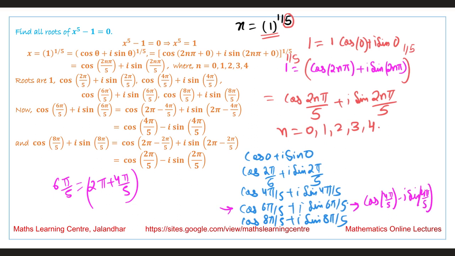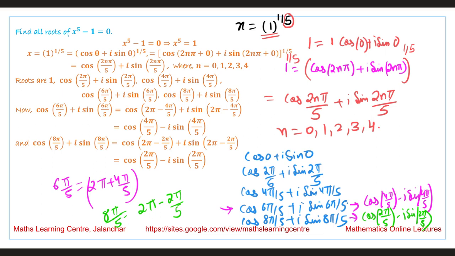And similarly this value 8 pi by 5, we can write as 2 pi minus 2 pi by 5. So if we substitute this value over here, the answer we get is cos of 2 pi by 5 minus iota sin 2 pi by 5.